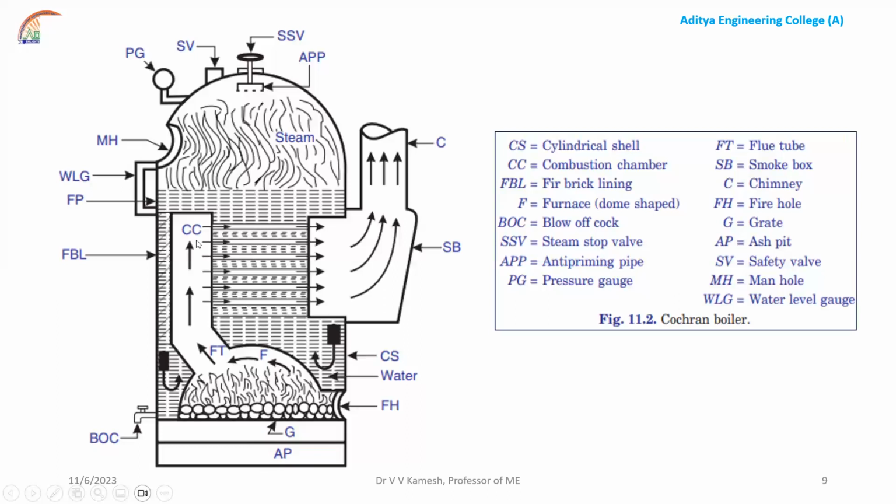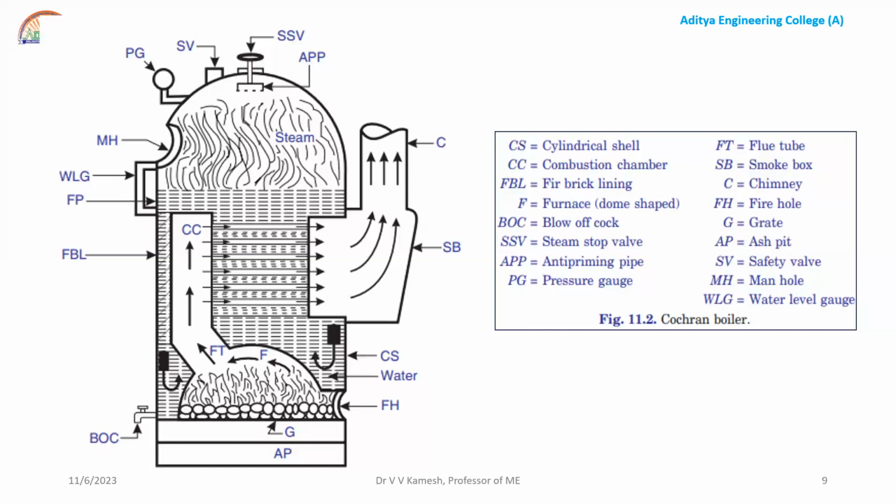They are going upward and through the tubes, out through the outlet in the form of a chimney. Starting from the furnace, the flue gases go through the tubes, which are surrounded with water. So automatically the water gets converted into steam, and the steam will go through the hemispherical top outlet.